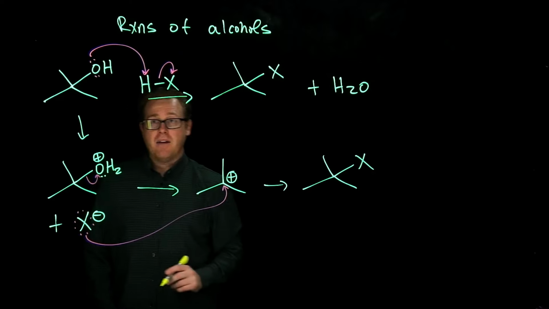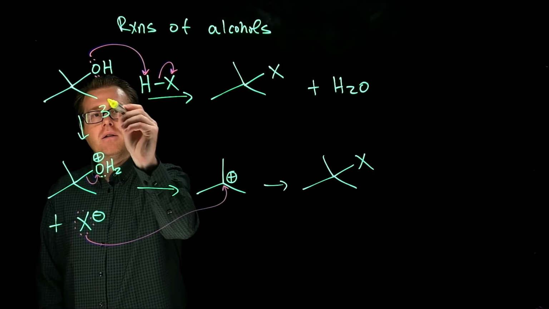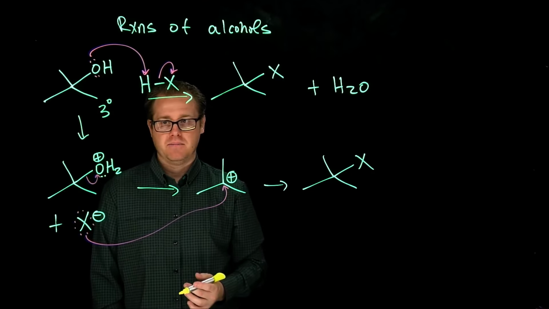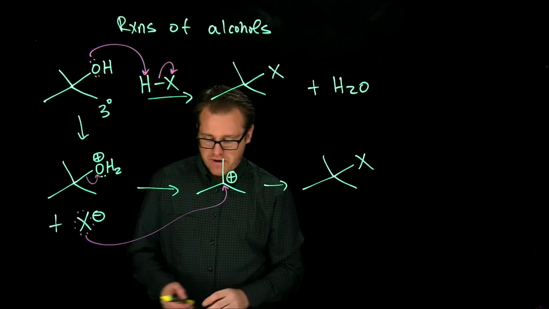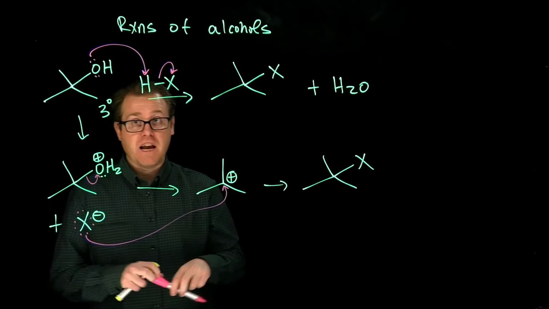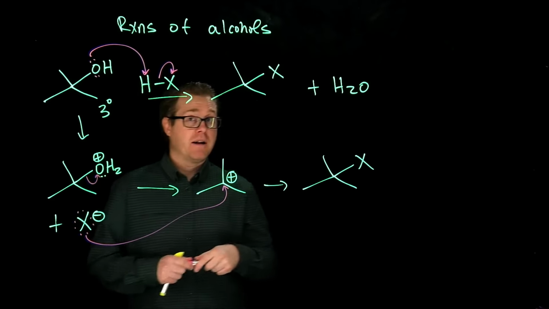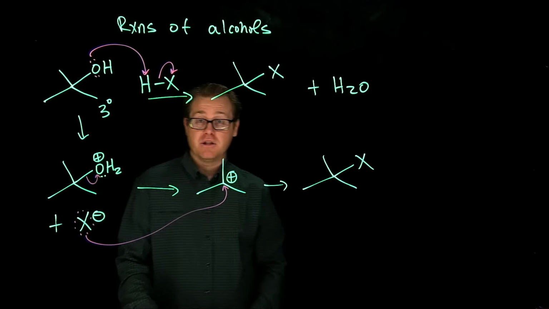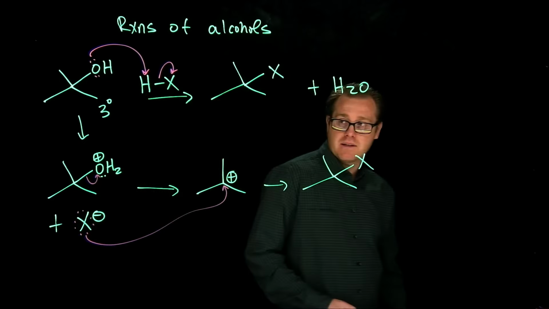And so when we have a tertiary alcohol, the mechanism is an SN1 mechanism. But if we change the degree of alcohol to primary or secondary, then we're going to have an SN2 mechanism. So let's take a look at that.